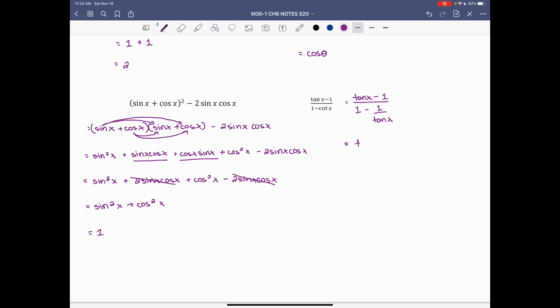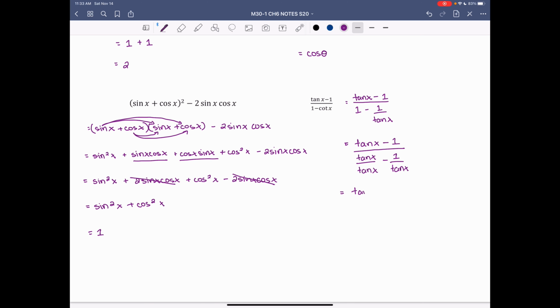Then I can simplify the bottom of the fraction, so tan x minus 1 over, I want to write 1 as a fraction with tan x on the bottom, so multiply top and bottom of 1 over 1 by tan x, I would get tan x over tan x minus 1 over tan x.